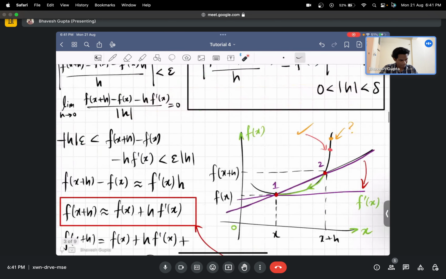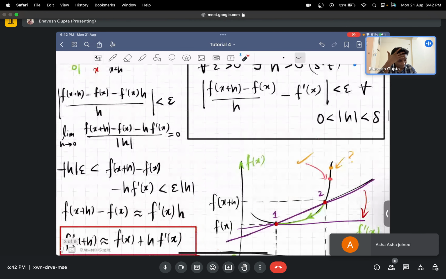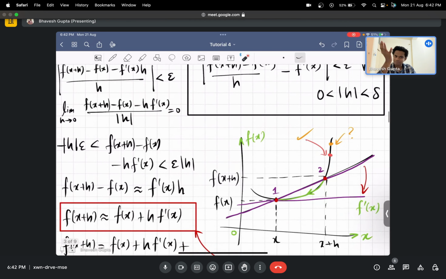I know the value at this point, but I don't know the value at some other point on the function. So I want to estimate the value of this point. And the way you can estimate the value at this point is either going through very rigorous calculations, or you can have an approximation, and your approximation will be better the closer these points are to each other. So I'm just claiming something; I'll prove what I'm trying to say here.